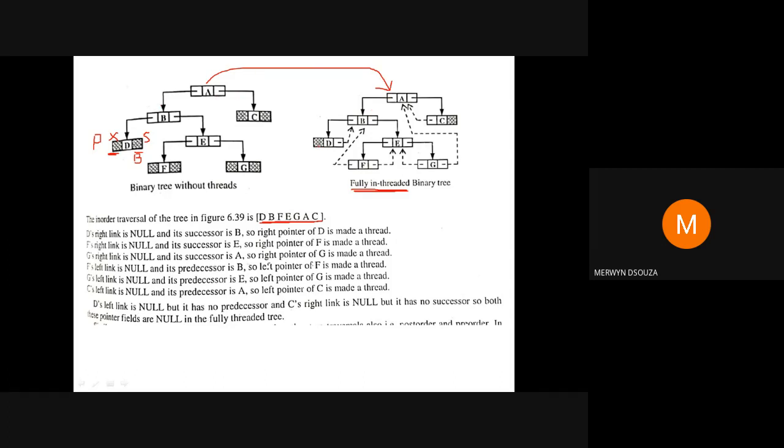Where there is null, for example D is having null, you don't draw anything there and don't write null also there. Just draw like this. So this tree, basically you're going to draw as it is. All these dark arrows, you're going to draw them as they are.